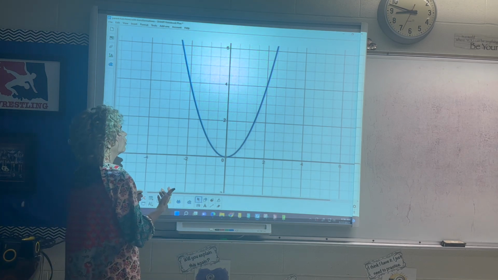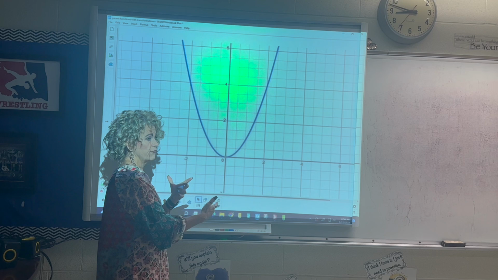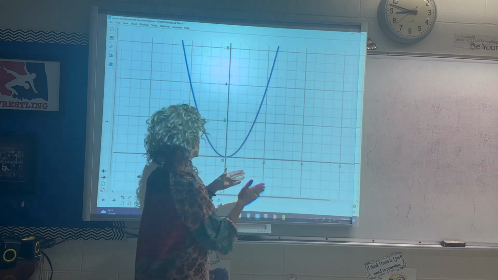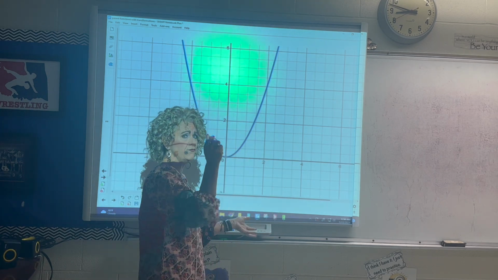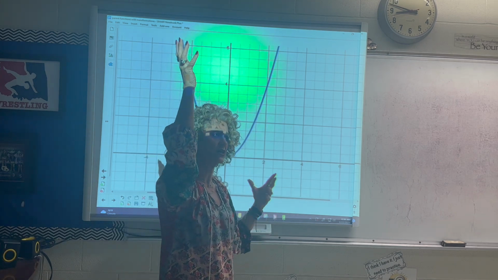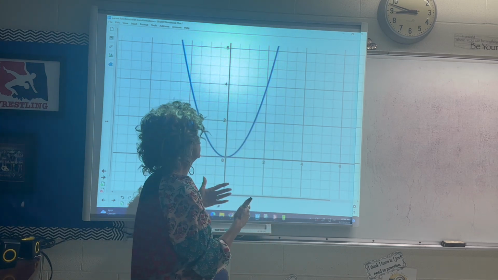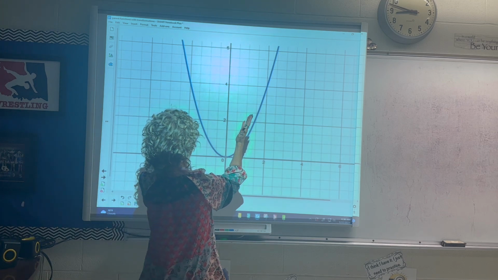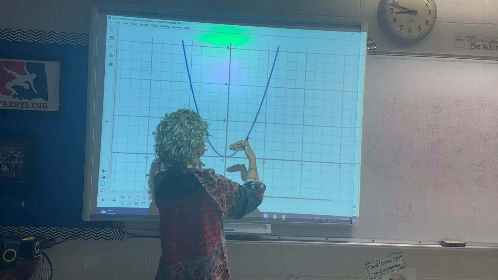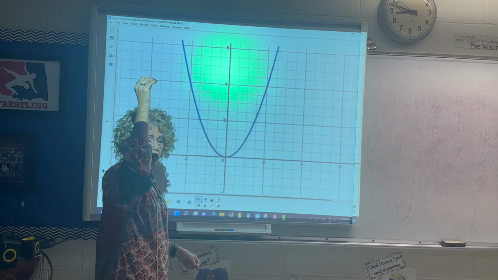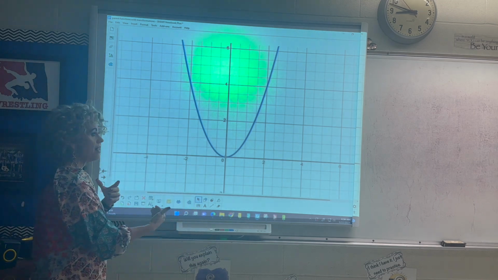And again, if we're talking about this graph, we would not say lines. There's no lines here. A line is infinite. It goes on and on and on in one direction and the other, and it's straight. A parabola or an absolute value graph is not a line. It is the graph of a function.